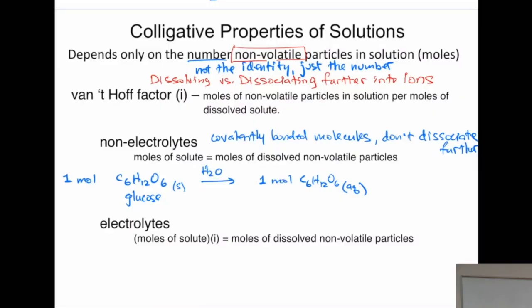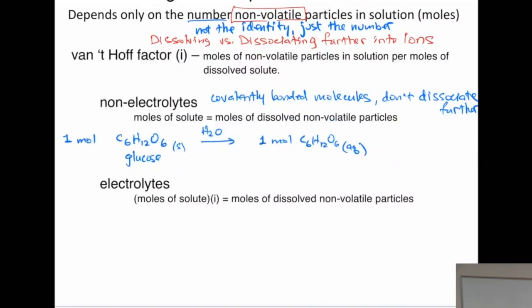Whereas electrolytes, if I say take, let's see, what should we use? Let's use calcium chloride. What's the molecular formula for calcium chloride? Calcium, Ca, chloride, Cl. What else? Remember, we've got to balance the charges.